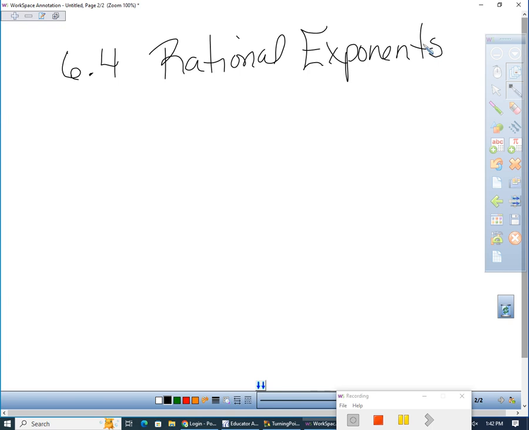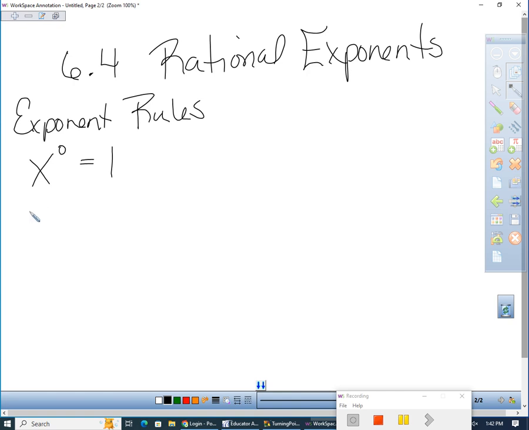Okay, first one. Actually, let's label this as exponent rules so you guys can find them. I want to remind you that if you have x raised to the 0 power, anything raised to the 0 power is 1.